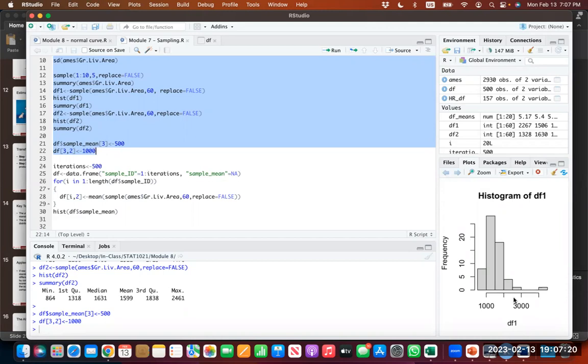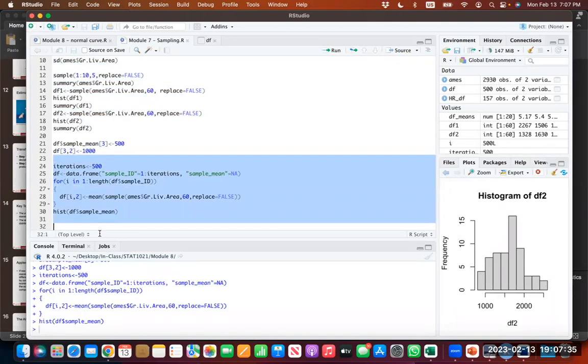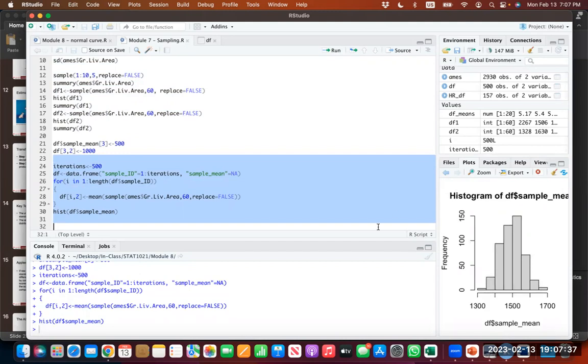And these distributed in that shape, and then in a second plot, it distributed more in that shape. So none of these really looked like a normal distribution. However, what we did here in the end part of the code, we quantified now 500 different means. And this is literally nothing else but 500 different means.